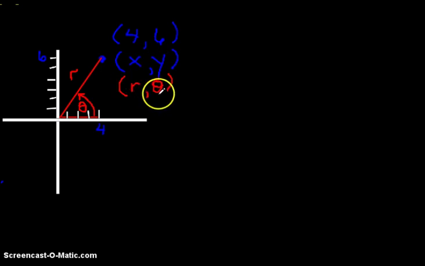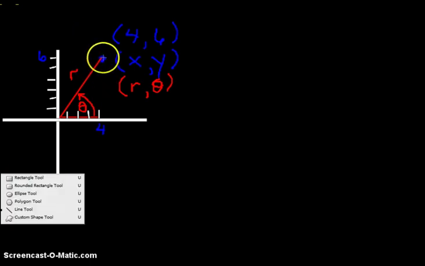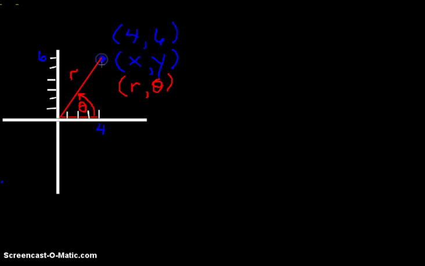The first thing we would want to do is drop a line down from our point to the x-axis, and we would be making a right triangle there.